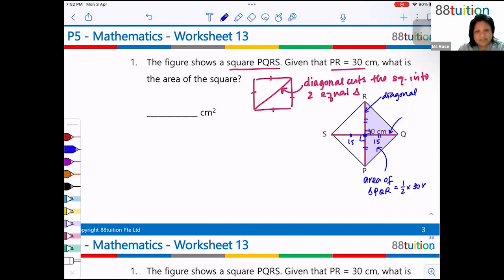This is at 90 degrees. When the diagonals cut each other, they cut at 90 degrees. So that's 15. So that's how you get 225. Okay? So that is only half the area of the square. So you want to find the area of the square. So what do I do?